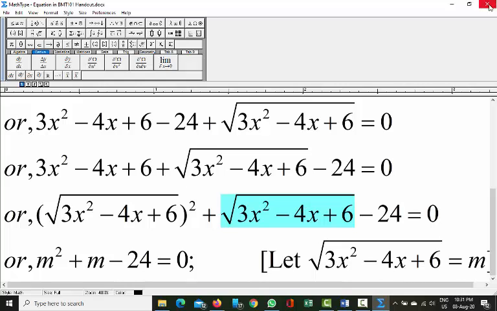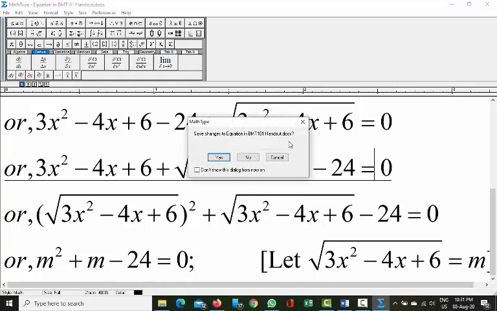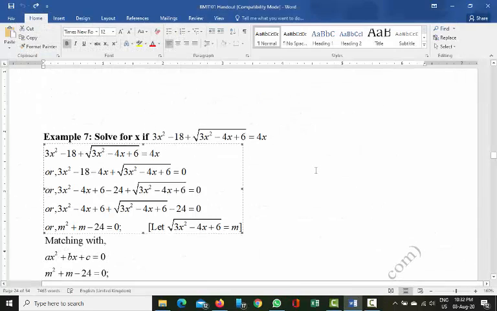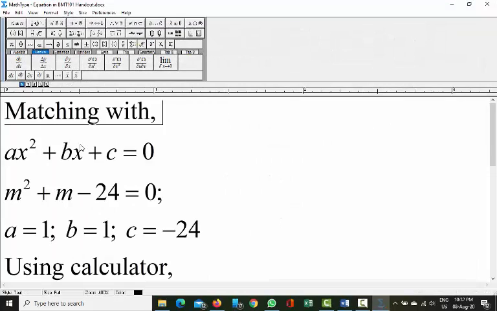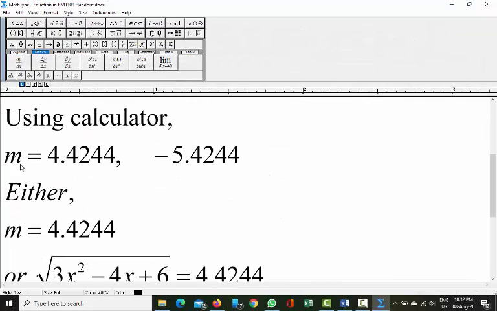So now if you solve it using calculator, or if you do middle term break, or if you use the formula, you will get two values of m as usual. If you use calculator, you will see these are the two values of m.